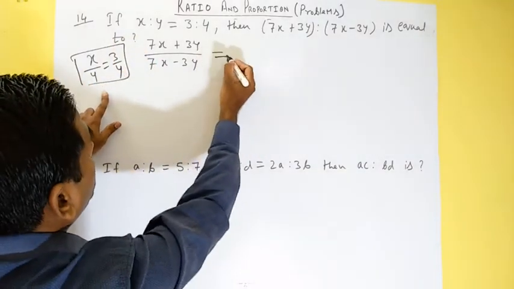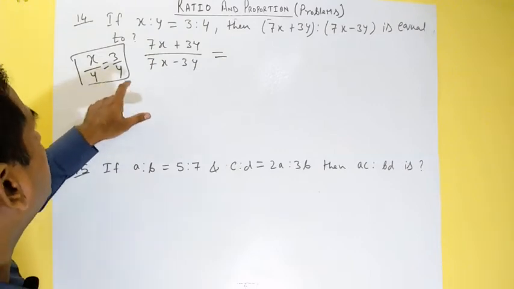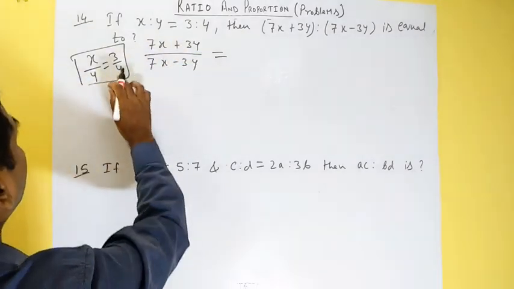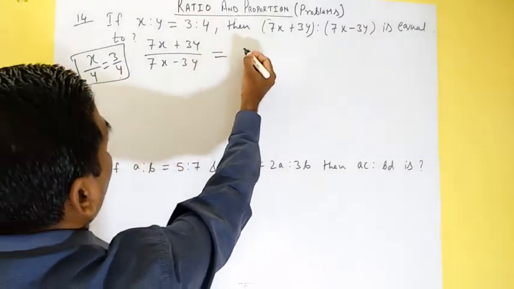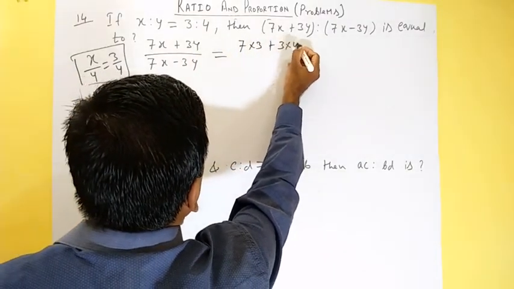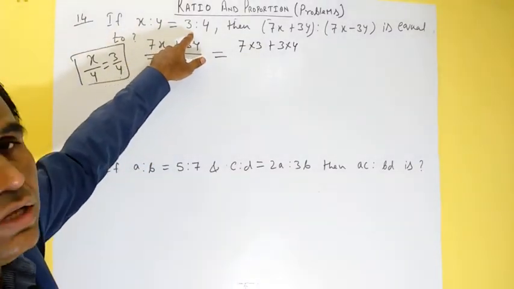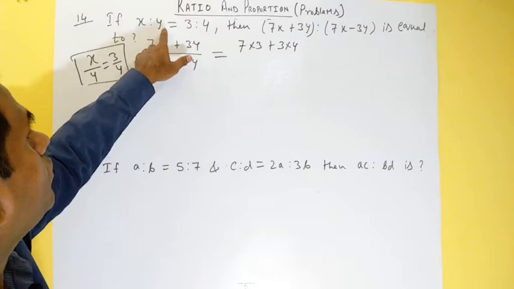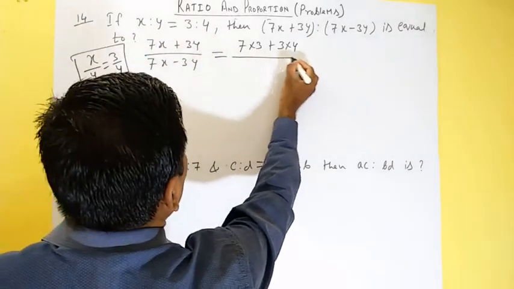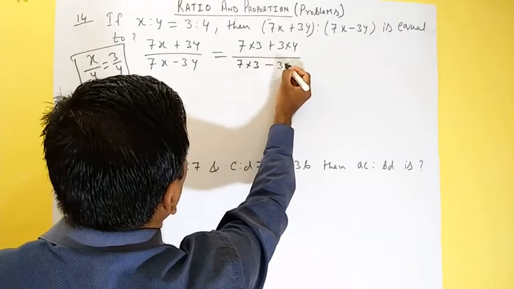So we will replace the value of x with 3 and value of y with 4. So it will become 7 into 3 plus 3 into 4, and then here again 7 into 3 minus 3 into 4.